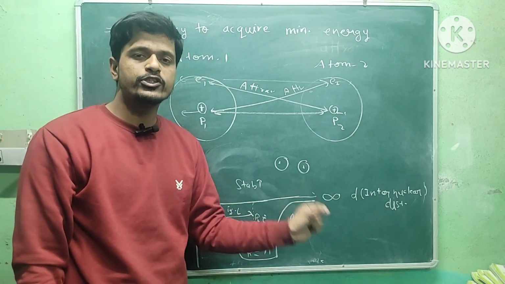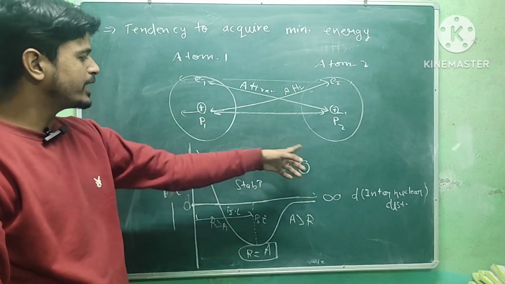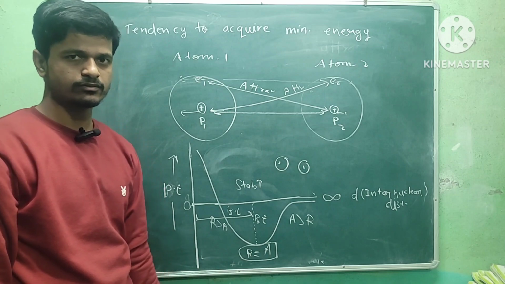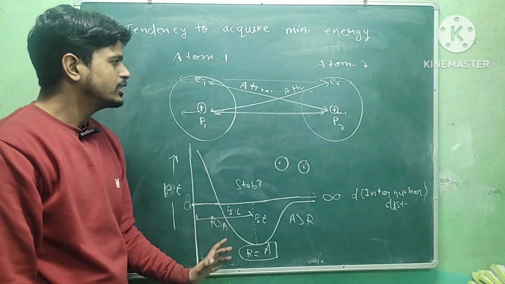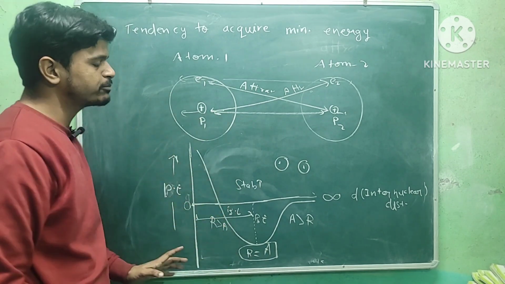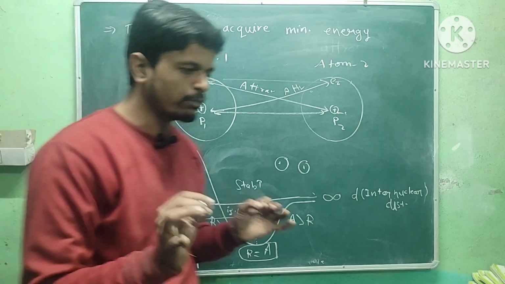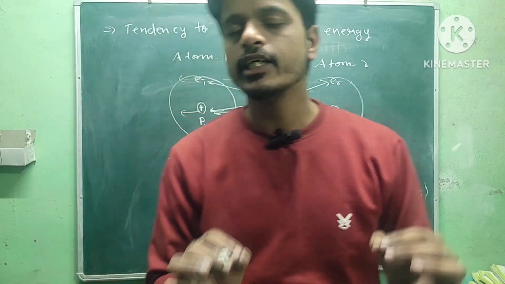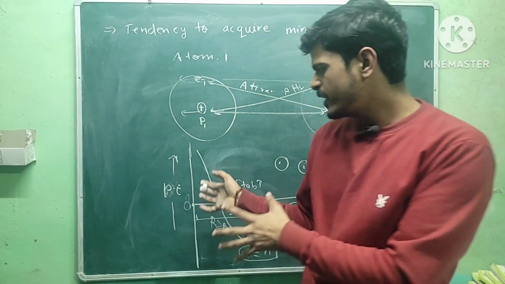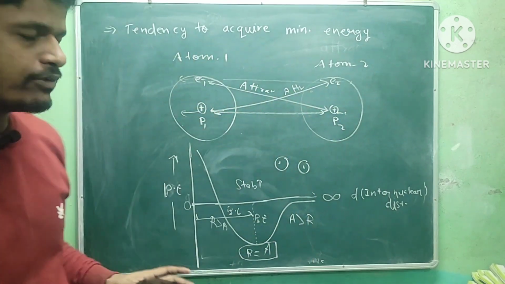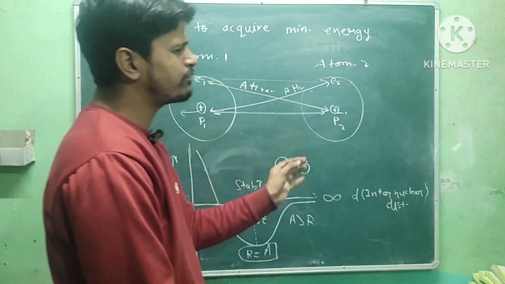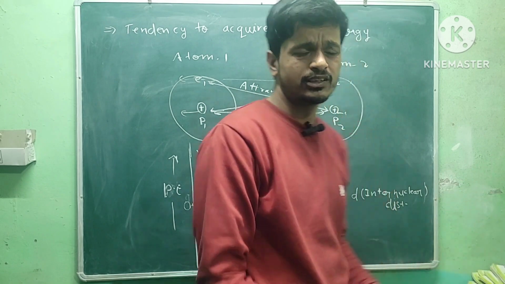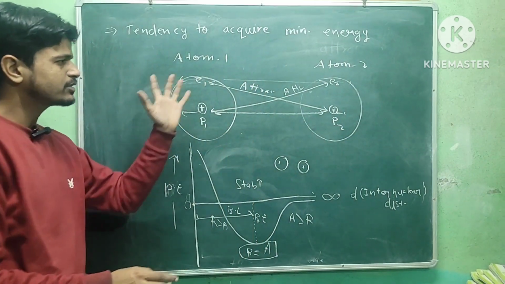That energy which you give will break the bond between two atoms. So you can see that this graph explains much about the formation of a bond between two atoms. From here we can derive a conclusion about the force of attraction and force of repulsion working in this scenario.